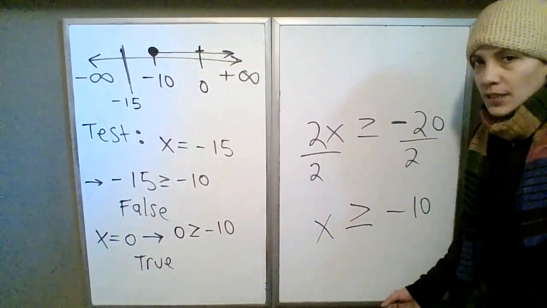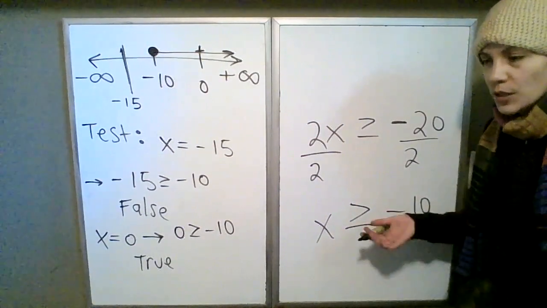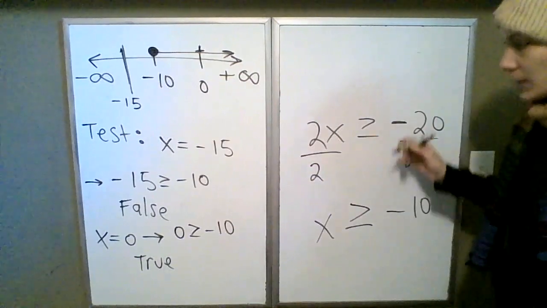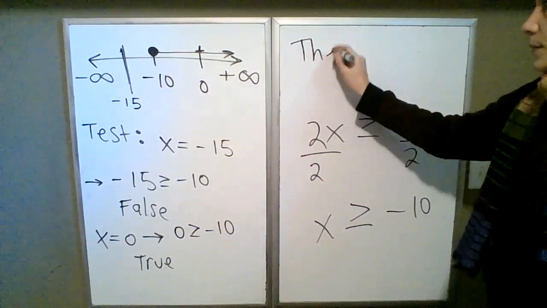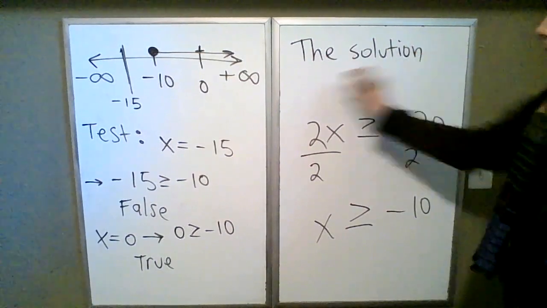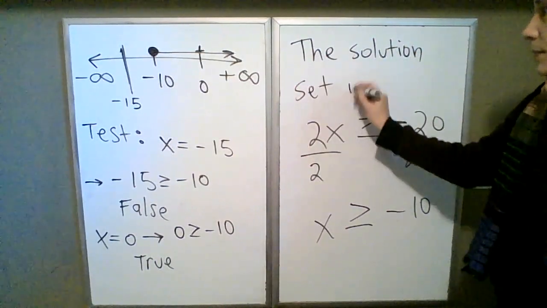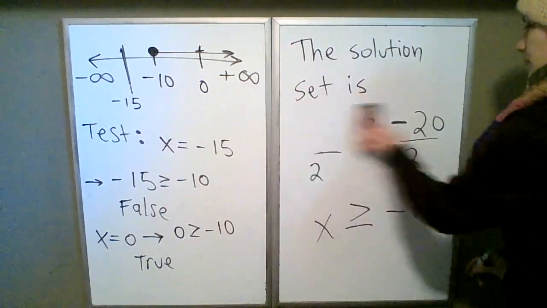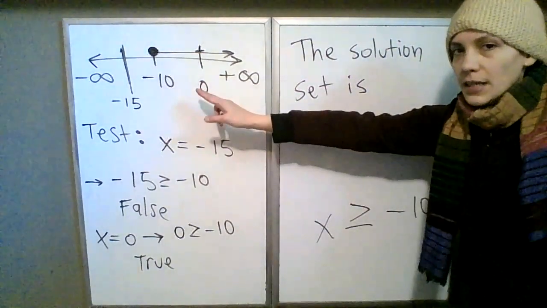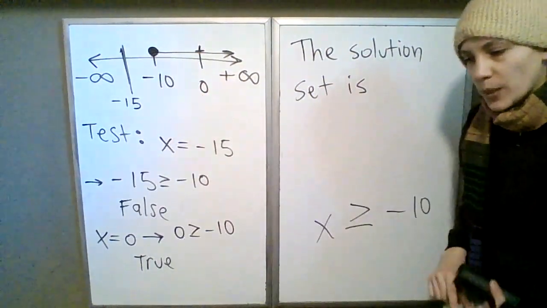And I know it can be tricky to type these sets sometimes, so just do your best, or you can ask for help if you're having trouble finding the right symbols. Start at -10, include it with a square bracket.